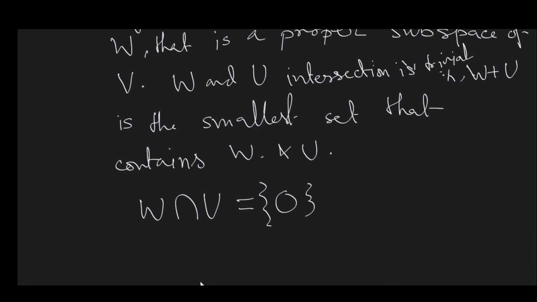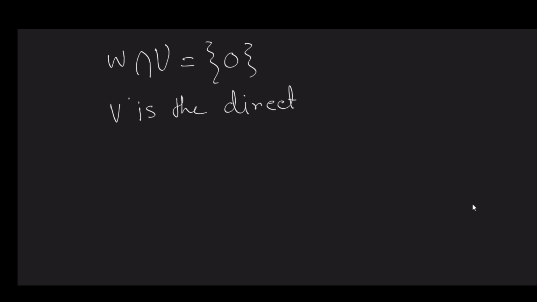So what would happen if the intersection of W and U is a trivial vector, then we can represent any other vector of V. Let me write it clearly: if W and U are such that this V can be expressed as W and U, then we can say that V is the direct sum of U and W.